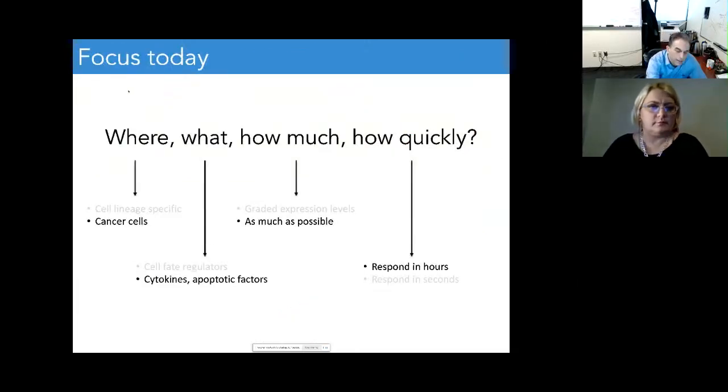Okay, let me now switch gears to cancer therapy, and this is building on these kinds of logic circuits.